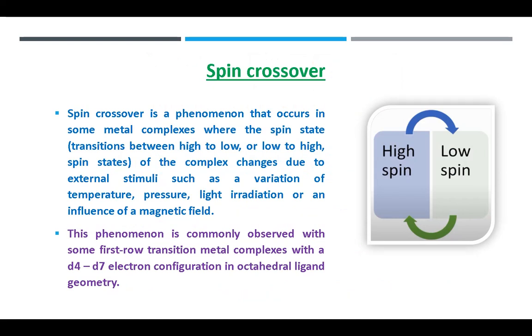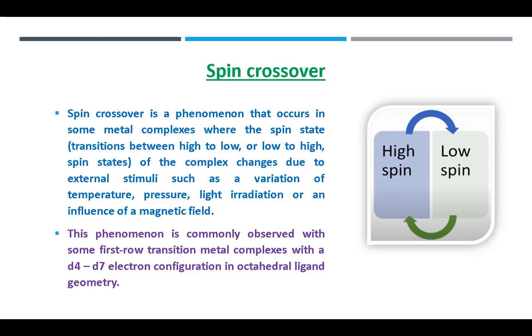Spin crossover. It is a phenomenon that occurs in some metal complexes, where the spin state of the complex changes due to external stimuli such as a variation of temperature, pressure, light irradiation, or an influence of a magnetic field.